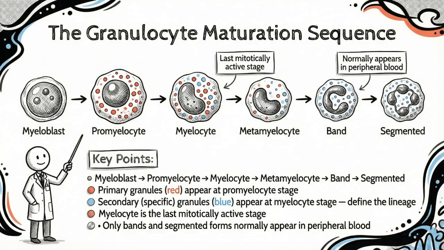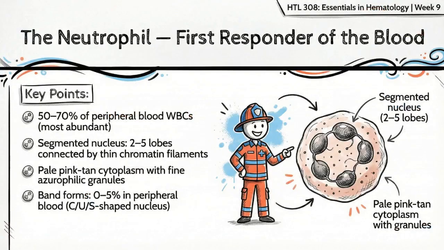Now, let's start with the most abundant leukocyte in peripheral blood, the neutrophil. These guys are the first responders. A mature, segmented neutrophil has a nucleus divided into 2 to 5 lobes connected by thin chromatin filaments. The cytoplasm is pale pink to tan, and the granules are fine and azurophilic.